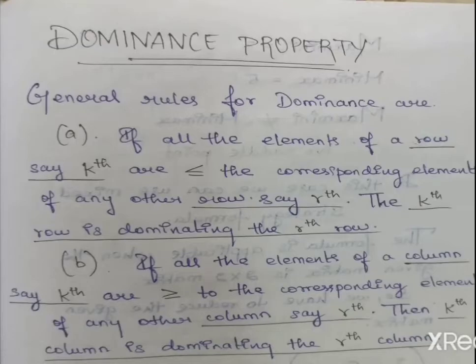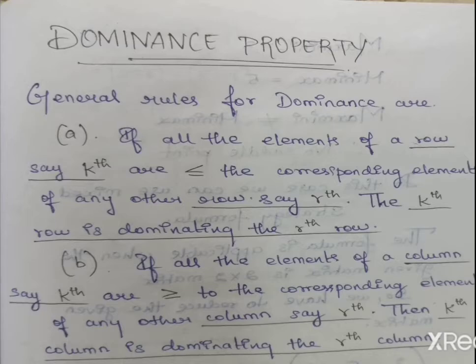The general rule for dominance is, if all the elements of a row, say kth, are less than or equal to the corresponding elements of any other row, say rth. That means you have to consider all the rows. Suppose you are taking the first row, you have to compare with the second, third or fourth row.